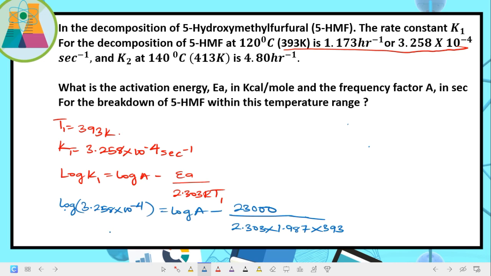The logarithm of this will give us minus 3.48. This will be equal to, we are looking for log A minus, now if you simplify everything here, punch it into your calculator, it is going to give us 12.78.